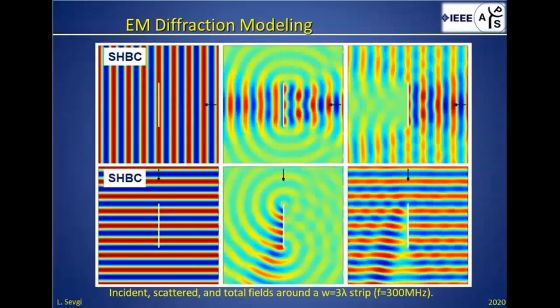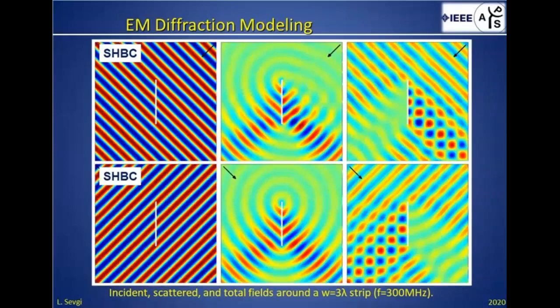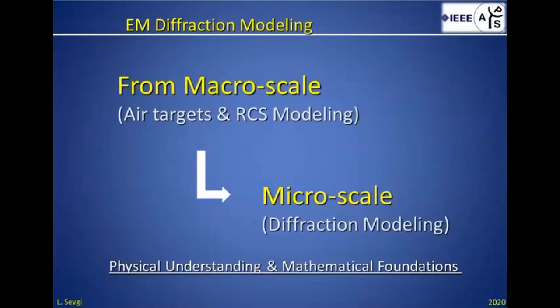This is another example. I wish I could show you the video clips. Let's skip this one also. This one also. So the first part, we focused on scattering at macro scales, which means we deal with air targets and RCS modeling as a whole.